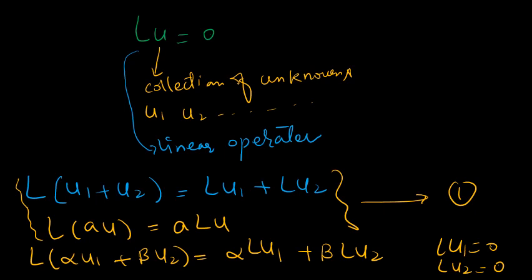Then alpha u1 plus beta u2 will also be a solution. This is the general superposition of two solutions u1 and u2: when you add them up, you get the superposed solution alpha u1 plus beta u2. So whenever we have a linear theory, we can add up two solutions, or any number of solutions, to get another solution.